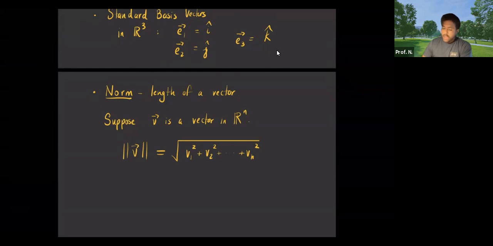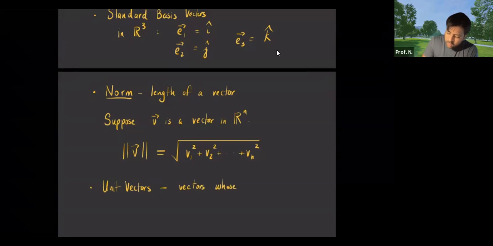On top of the norm, we also talked about unit vectors, or normalizing, right? Unit vectors are vectors whose norm equals 1.